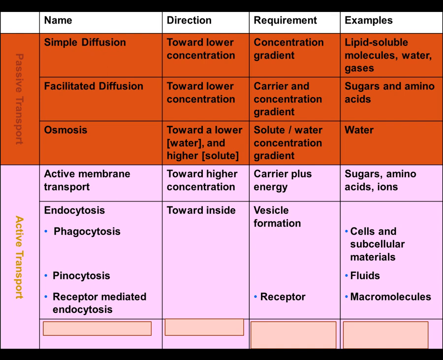Collectively, phagocytosis, pinocytosis, and receptor-mediated endocytosis are all forms of endocytosis, taking substances that were originally at the exterior of the cell, wrapping them in a membrane, and secluding them into the cell.